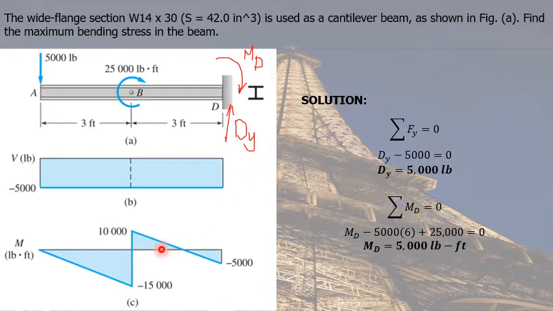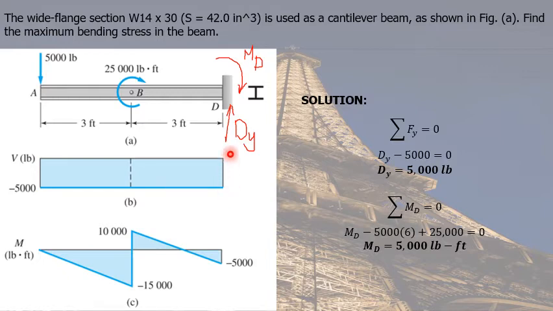Now we're ready to sketch our shear diagram. At point A, we have a downward external load of 5,000 pounds. So we go down to negative 5,000. Since going from point A towards point D, there is no external force, negative 5,000 is horizontal or uniform all throughout.